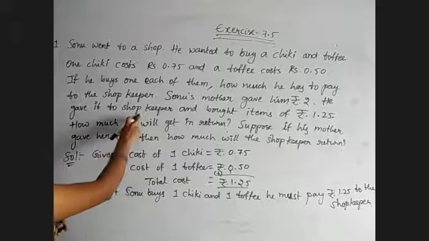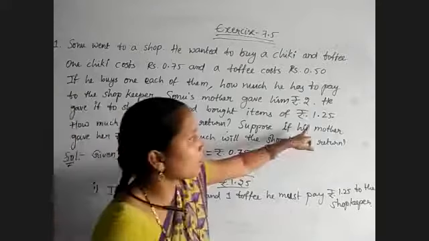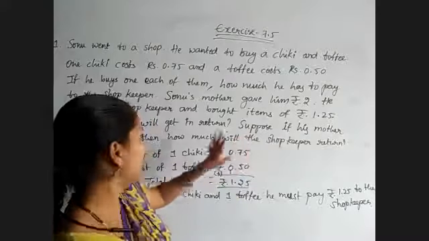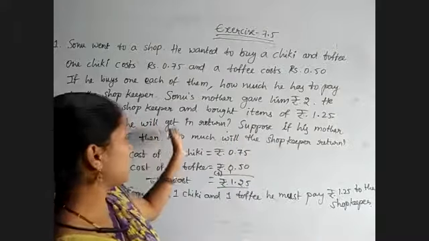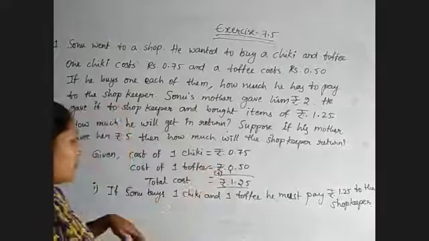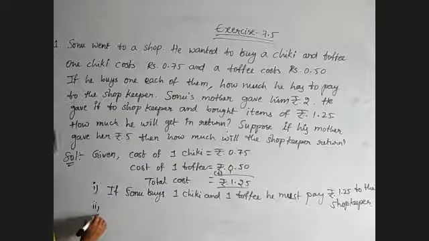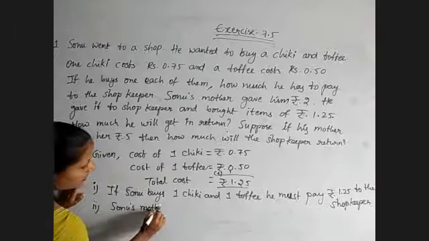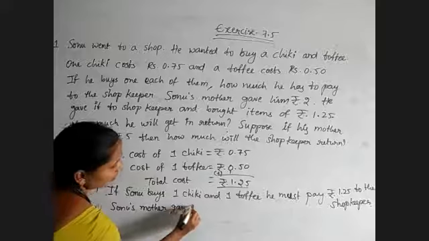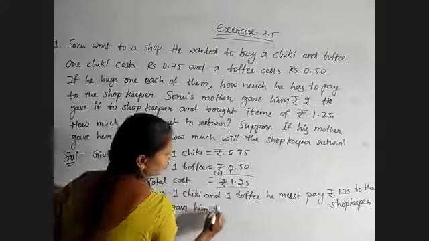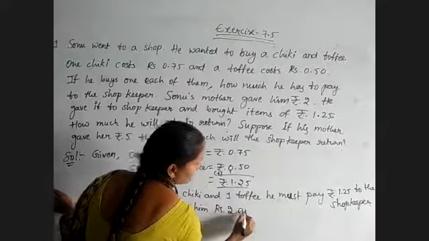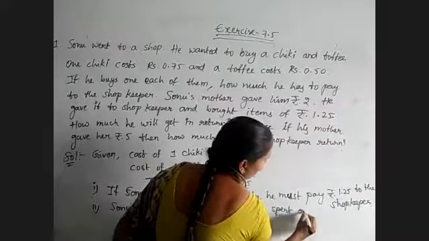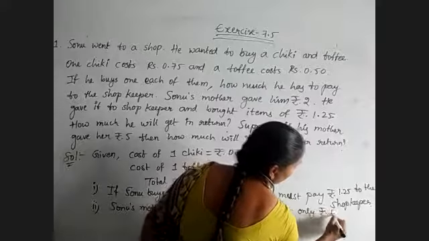He gave it to the shopkeeper and bought items worth 1.25. Then how much will he get back? So second question: Sonu's mother gave him 2 rupees and he spent only 1.25 rupees of it.